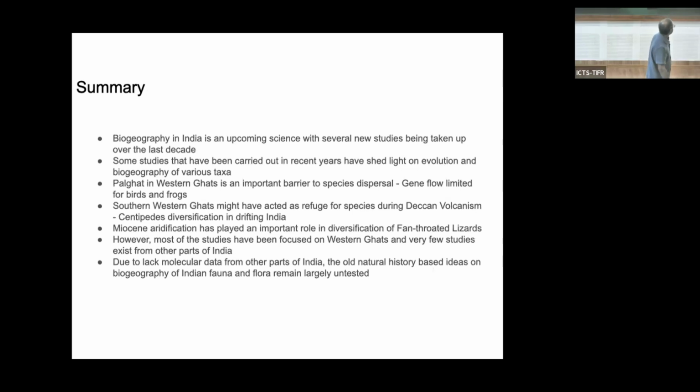I'll just summarize quickly. Biogeography is a very interesting field, especially for people like me, motivated by natural history, to look at patterns that are there, try and describe them, and then look at some mechanisms why that may be found. So it's often a starting point. It also can be useful when you're trying to describe diversity of a particular area.